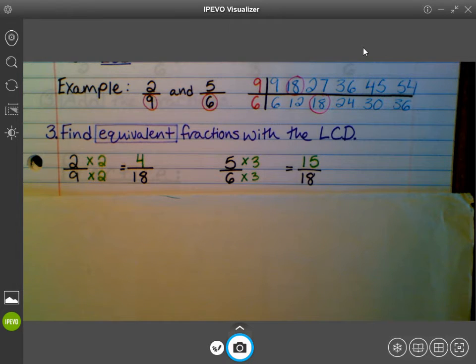So, it is important with fractions. Speed is not the most important factor here. Accuracy. Taking your time, making sure you're doing it right. That is the biggest factor here, okay? So, does anyone have any questions right now?